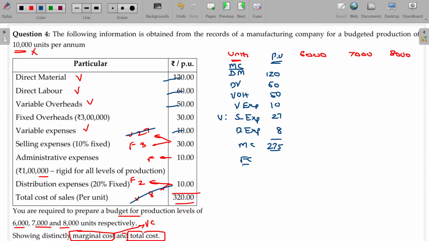Fixed cost. In case of fixed cost, we have been given fixed overhead and selling expenses, admin expenses and distribution expenses.